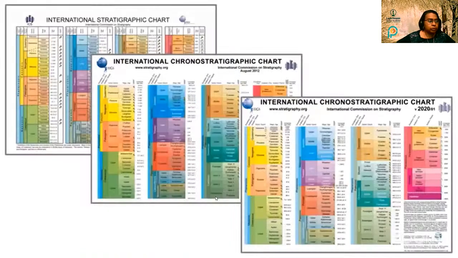The Commission revises the chart almost every year, and sometimes multiple times a year. The changes aren't merely to improve the aesthetics. The Commission incorporates new information, new data, and new knowledge into the chart. They refine it as we improve our ability to tell time.